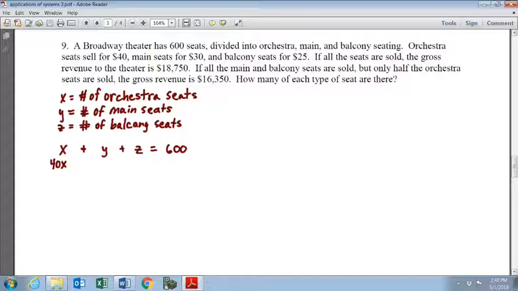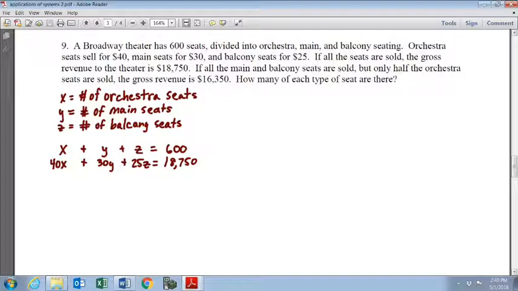Similarly, we make $30 per seat for the main seats, so 30 times Y. And the amount collected for Z balcony seats is $25 each, so 25Z, and the total collected is $18,750.